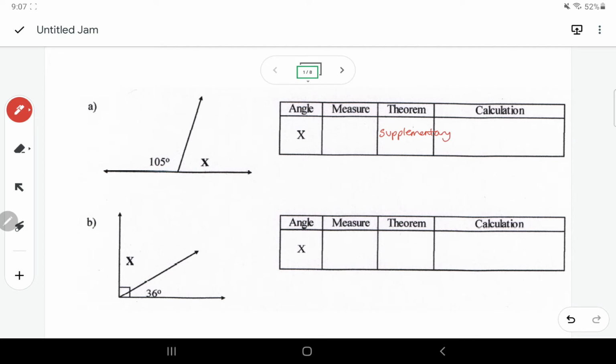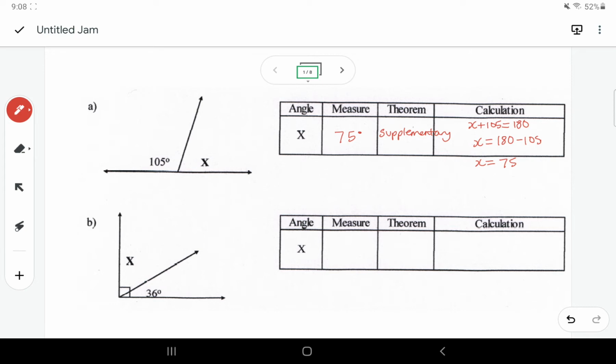And my calculation here would be that X plus 105 equals 180. So X equals 180 minus 105. So X would equal 75 degrees. So then I'm going to put my answer of 75 degrees in there. So just kind of double checking your work here.